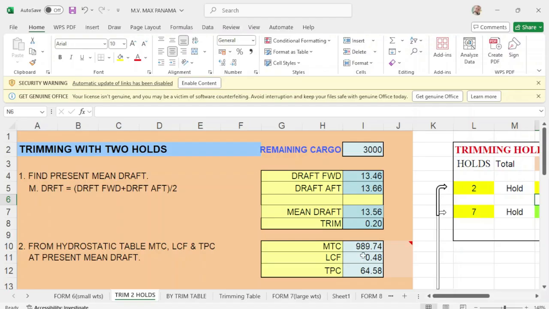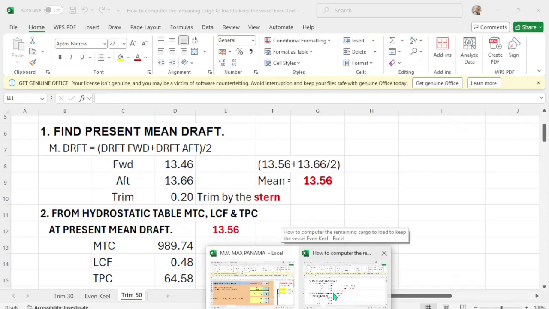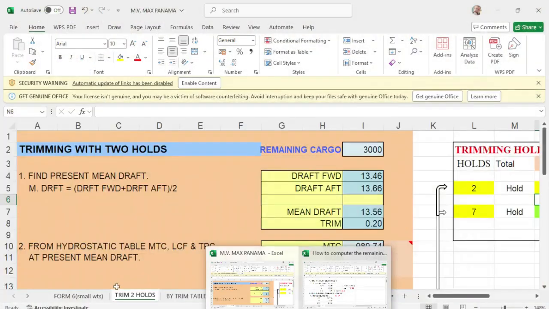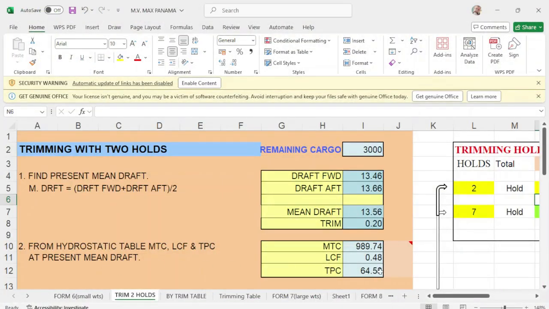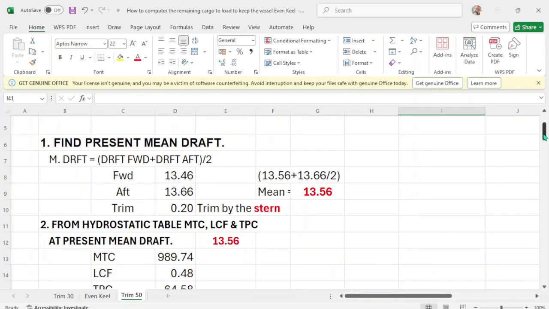So MTC is 98974. You have 98974. LCF is 0.48. TPC is 6458. Okay. Then you go to number 3.